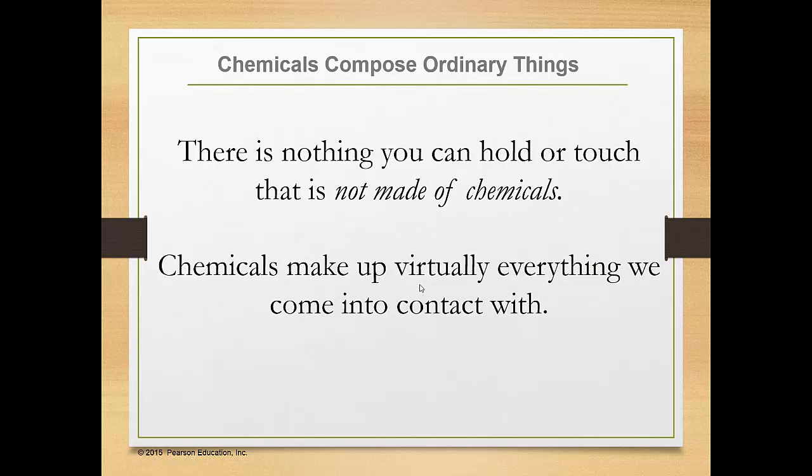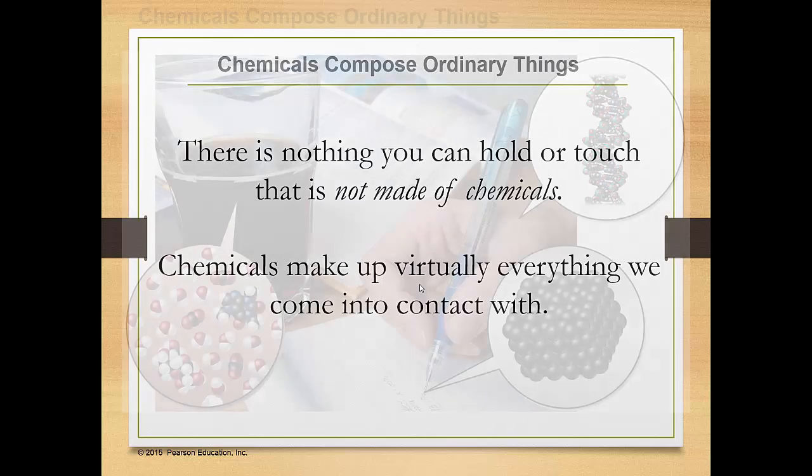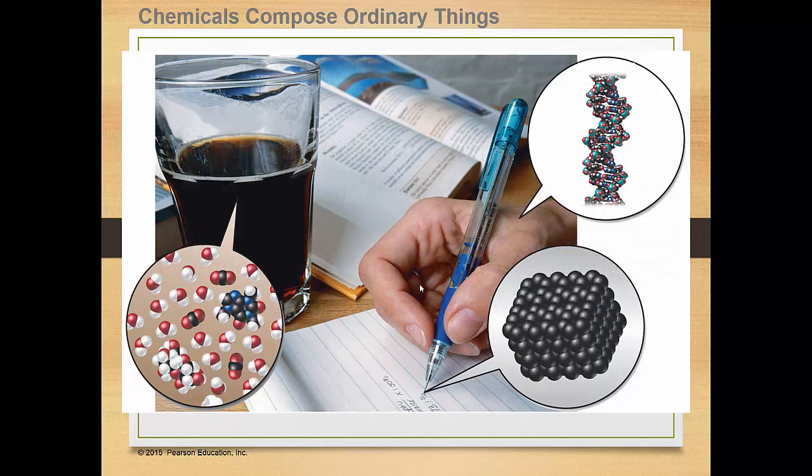All right, so chemicals compose ordinary things around us. There isn't anything that you can hold or touch, anything that has matter that is not made of chemicals. Okay? They make up virtually everything we come into contact with. There are a few exceptions, but if you can hold it, touch it, it's a chemical. Your soda, we already talked about.